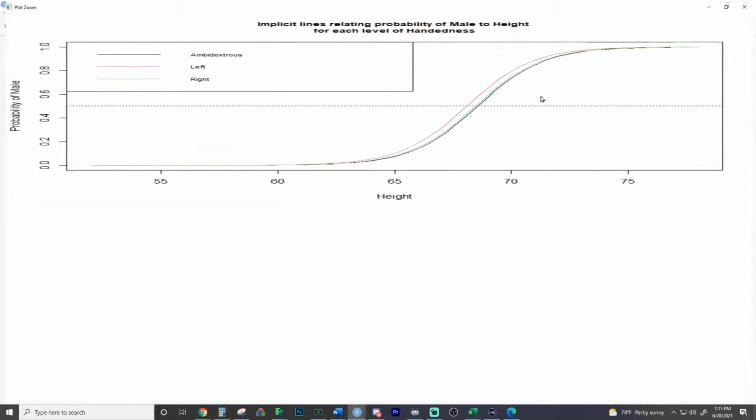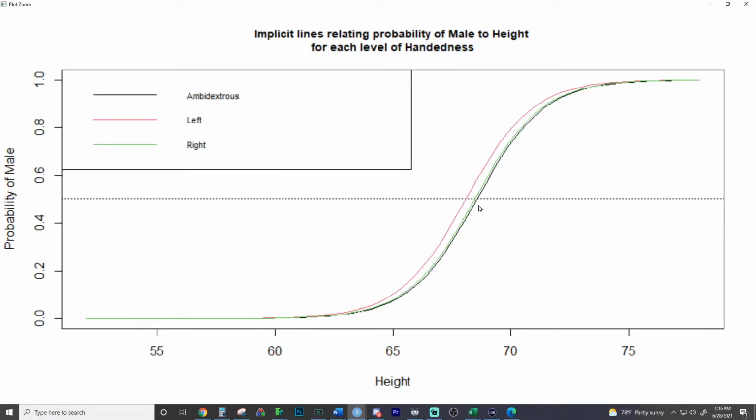Now, if you notice right here, the reference line is the black line. And just think about this. If we have otherwise identical individuals, but a person is left-handed versus an ambidextrous person, the left-handed person is what likely to be male, which is weird, and it's not statistically significant.